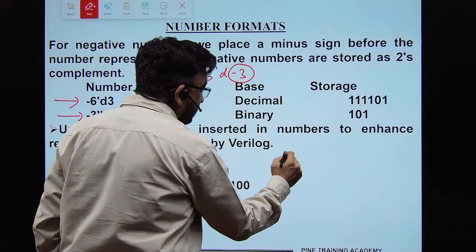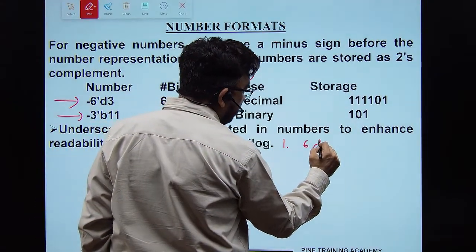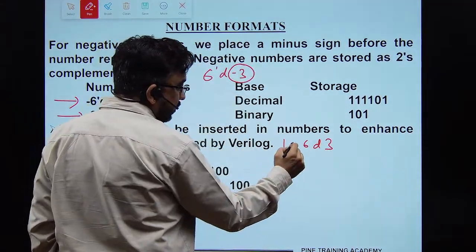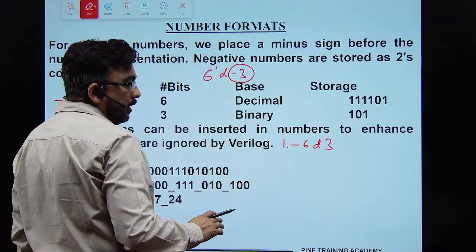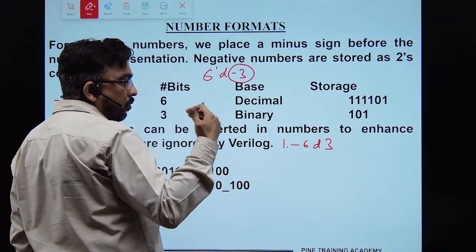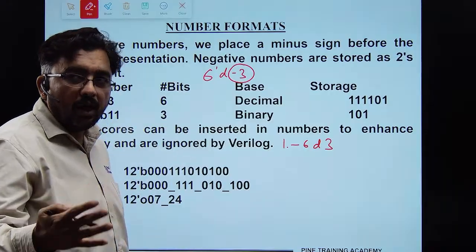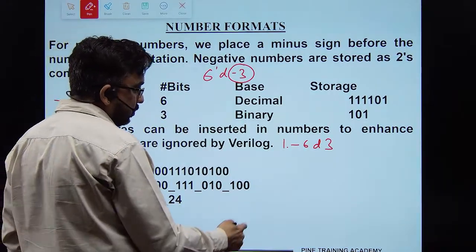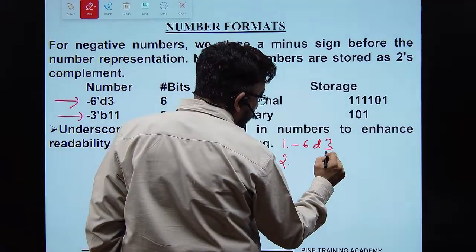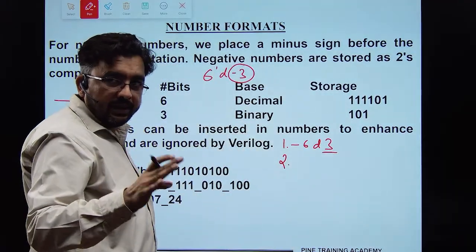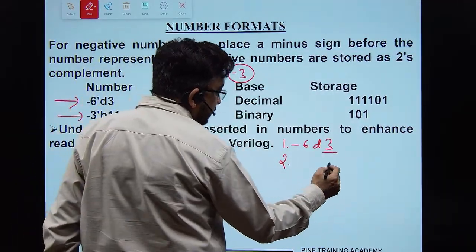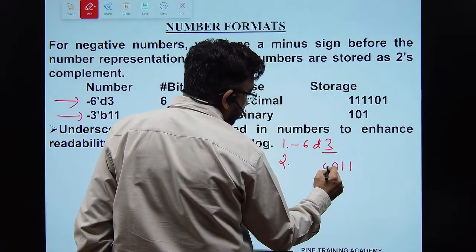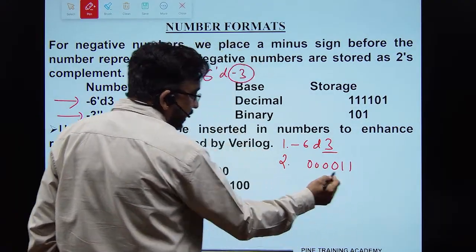So let's take the first step, 6'd3. In terms of binary, how is it going to be converted? As you know, you can represent 3 in 6 bits, so 3 means 000011, total size 6.